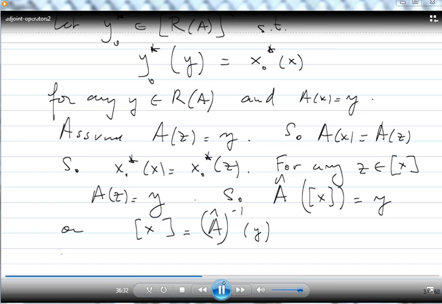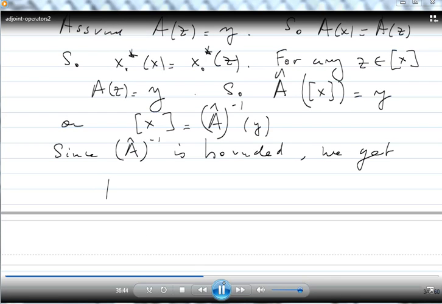Since A hat inverse is bounded, we get that the norm of the class of x in the quotient space is less or equal the norm of A hat inverse times the norm of y.